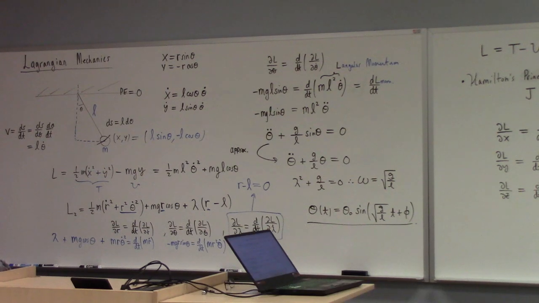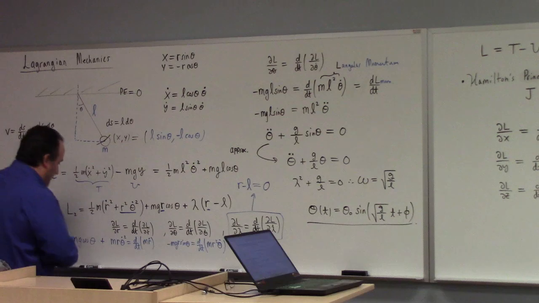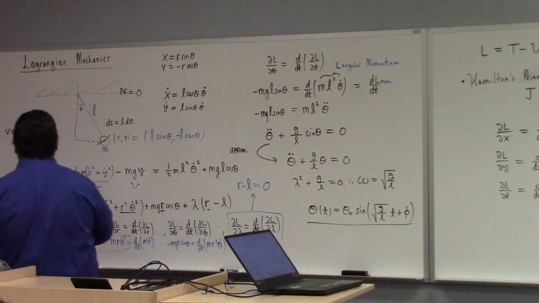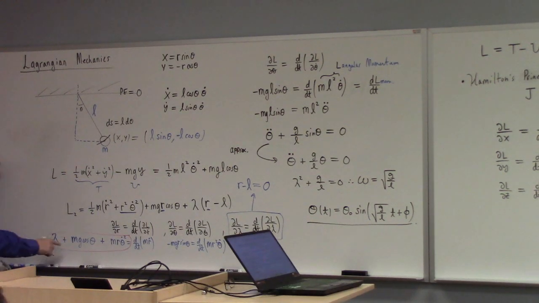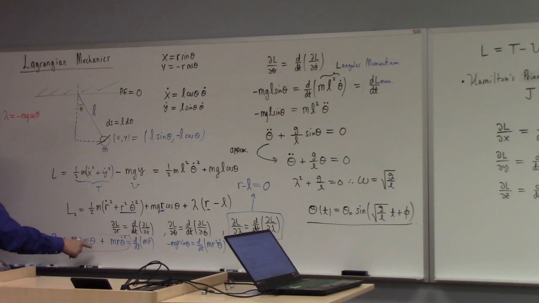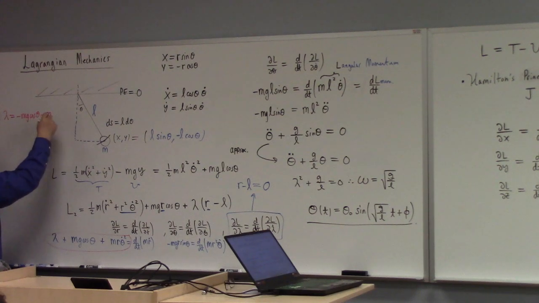So you get r equals L, which means that r dot is equal to 0, right? So then, if you look at this equation down here, it gives us, let me write it up here, that lambda is minus mg cosine theta minus ml theta dot squared.